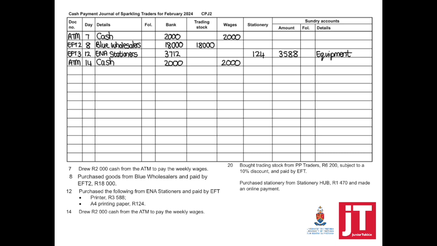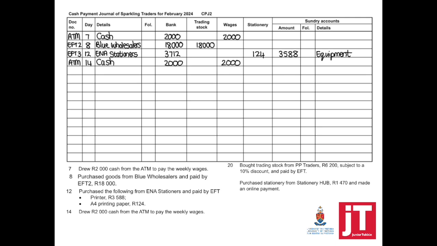On day 20, bought trading stock from PP Traders 6,200 subject to a 10% discount and paid by EFT. So a reminder, trade discount means paid less on items purchased. So trade discount can be given to our customers and trade discount can also be received. So when we bought trading stock from PP Traders for 6,200, this was subject to a 10% discount.